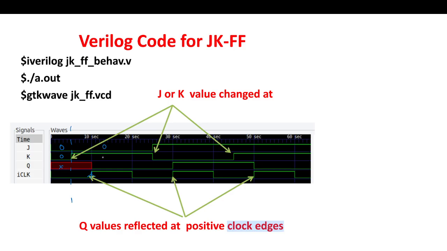So it is 0 1, that is reset, so it is going to 0. It's a positive edge flip-flop. So next positive edge is 1 0. That means it should go to 1. And at this positive edge, it is 1 1, that means it should toggle. The previous value was 1, so it goes to 0. Okay.